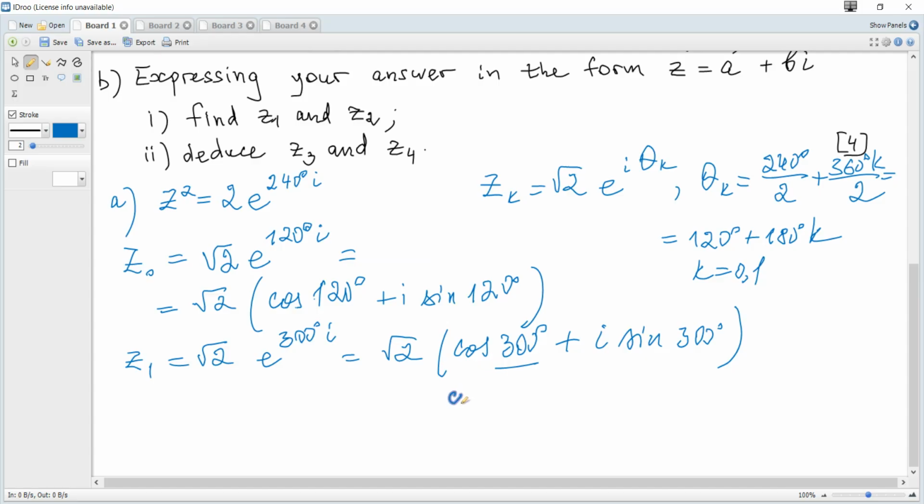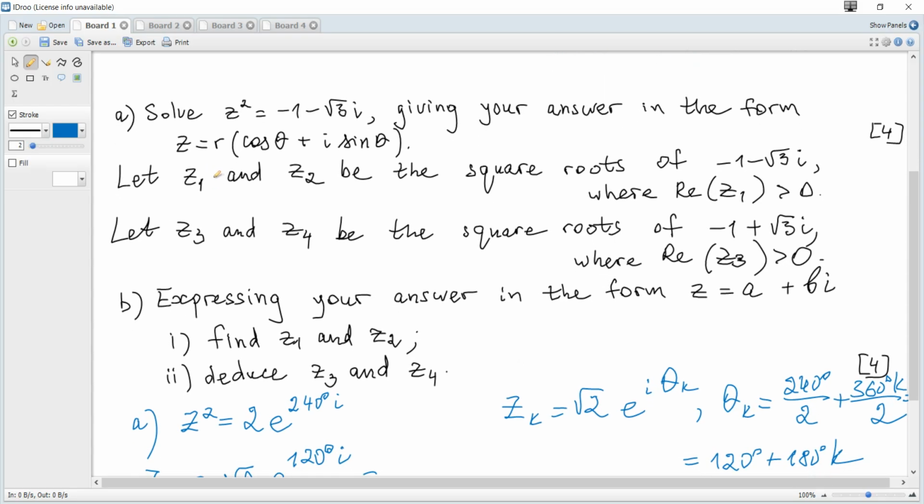So in general, you may rewrite it as cosine of negative 60 and sine of negative 60, and remember that cosine is an even function, so it's the same as cosine of 60, and sine is an odd function, so it's the same as minus sine of 60. So it can be rewritten as square root of 2 times cosine of negative 60 plus i sine of negative 60. It's the same.